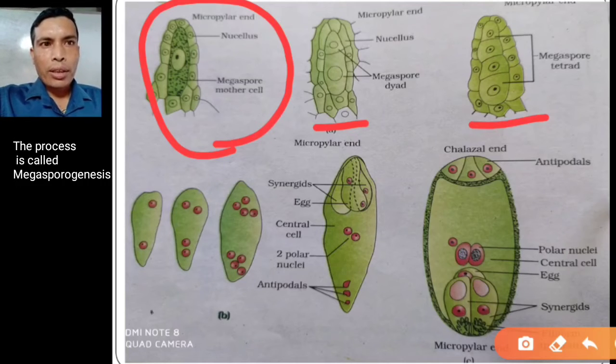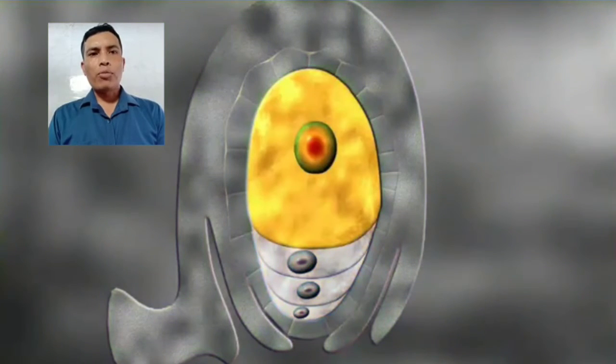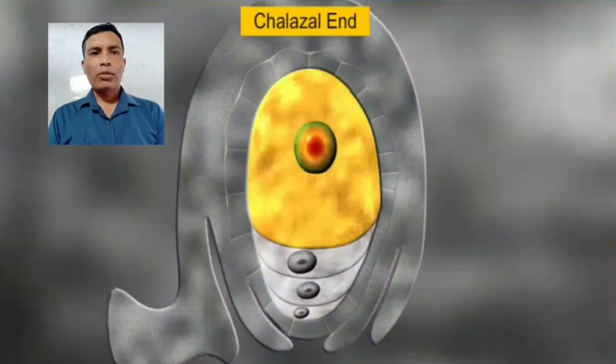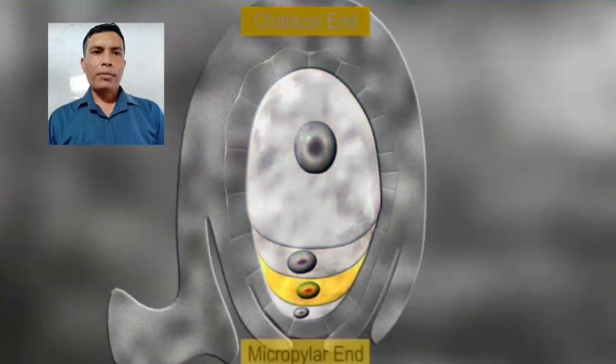Megaspore tetrad is a cluster of 4 haploid megaspores, right? Only one of these megaspores will be functional, which lies at the chalazal region, and the other 3 will degenerate.